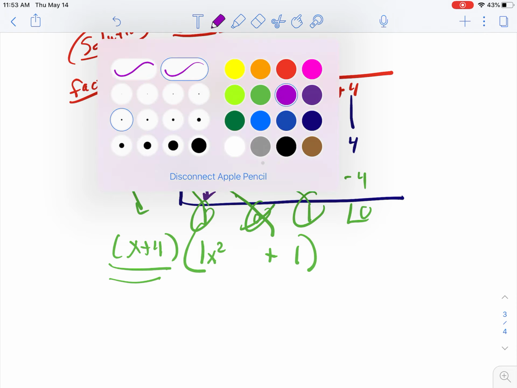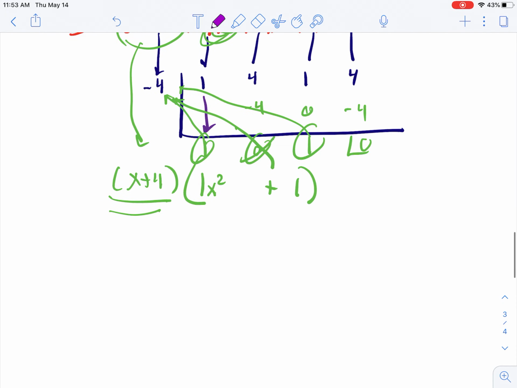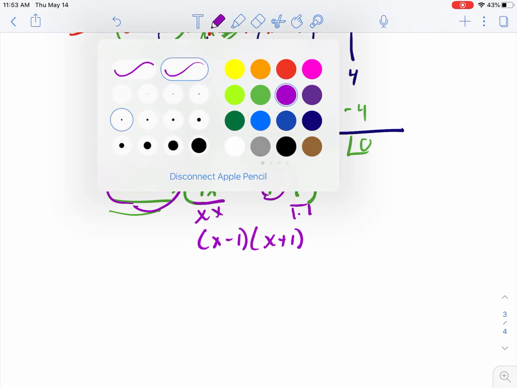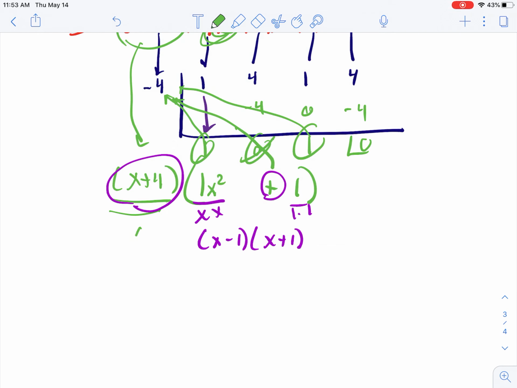Now I found one of them, but now I have to factor the other piece here, and I don't have to do x box. So this is x, x, 1, 1. But it's a plus, so it's x minus 1, x plus 1. And there are my 3 factors that will work.